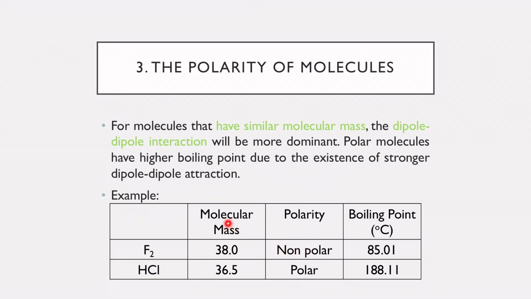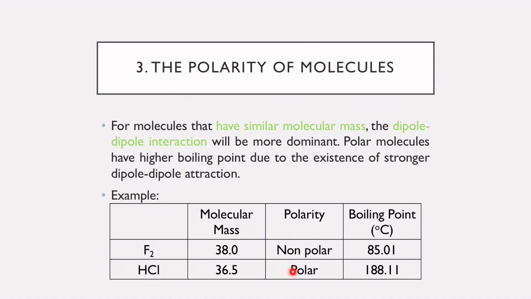When they have similar molecular mass, you will have to look at the polarity, because the polarity will explain to you why the boiling point is very much different from each other. So HCl is a polar molecule, while fluorine molecule is non-polar.